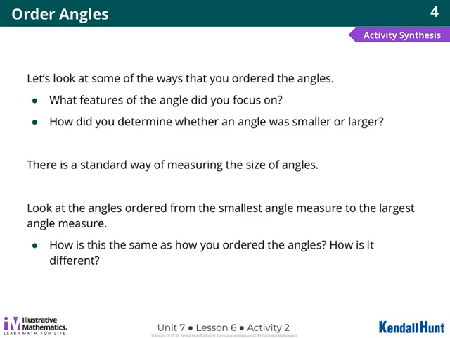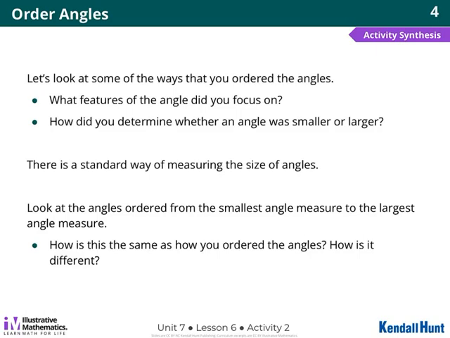Okay, Jerica. I sorted them by angle, and I started with the acute angles, and I found the smallest acute. Ah, acute, and then once I was done with the acute, I went on to the right one, and then the obtuse. What a good connection.